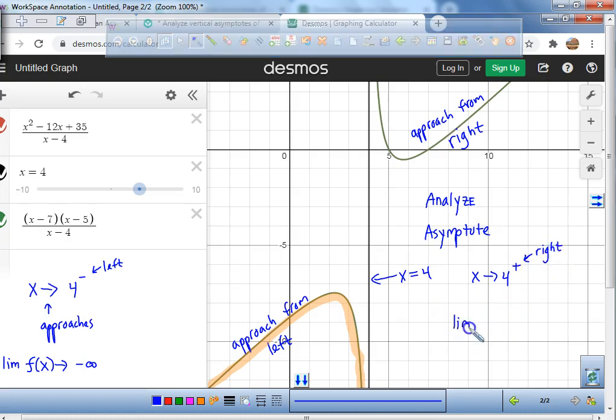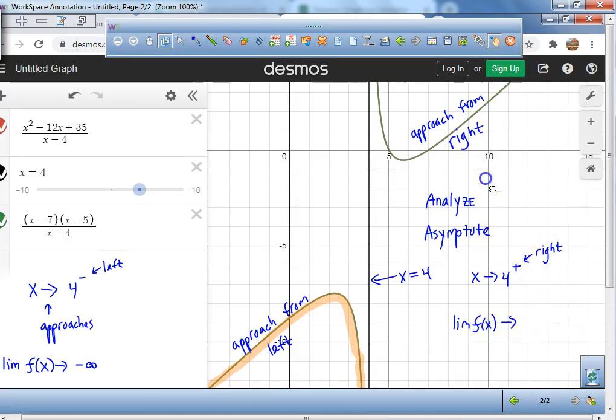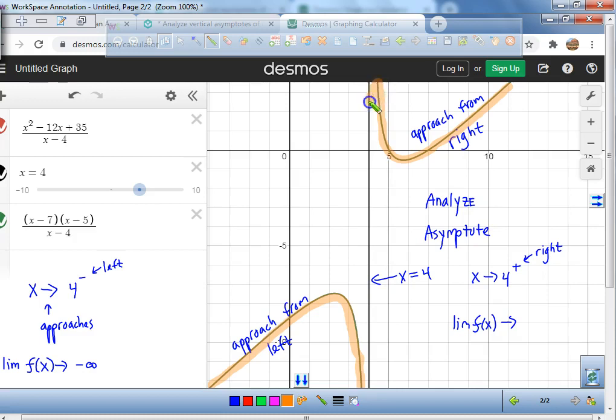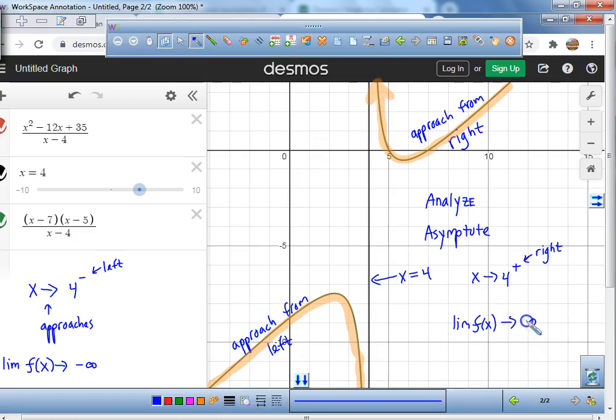What's the limit of f of x going to be getting close to? Where is that approaching? Positive infinity. Because from the right, look what's happening. As I'm coming from the right, going up, it's going up forever, so the limit is going to what's called positive infinity.